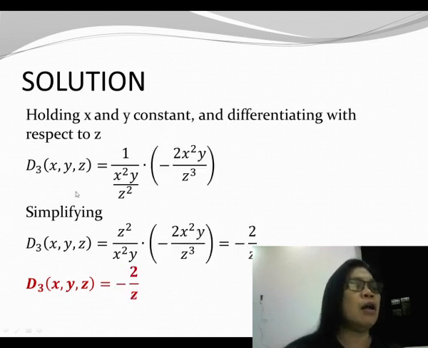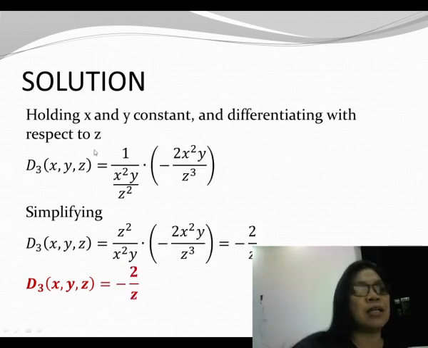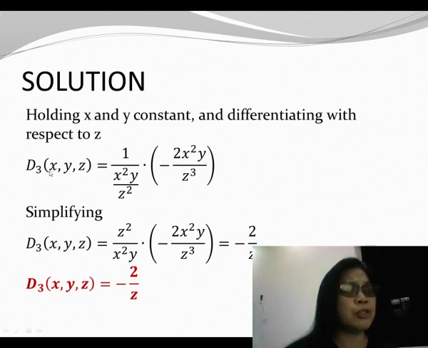Then moving on, when it comes to z, this time x and y are constants. Again, we have to find the derivative of the ln. This is simply 1 over u, multiplied by the derivative of u. But this is with respect to z, therefore x squared and y are constants.